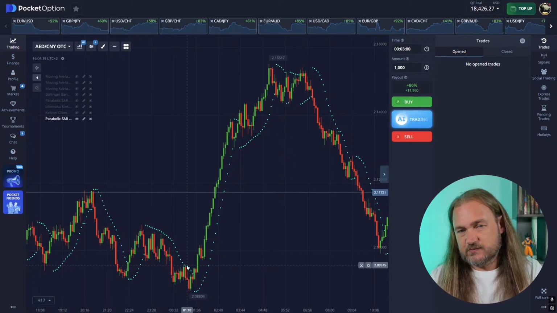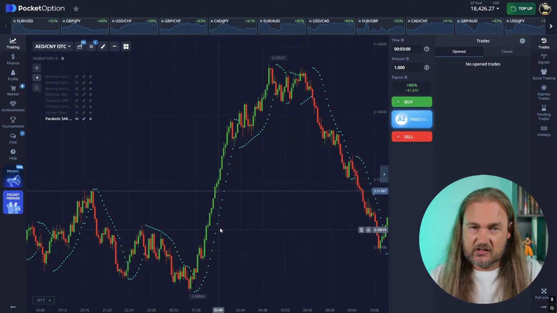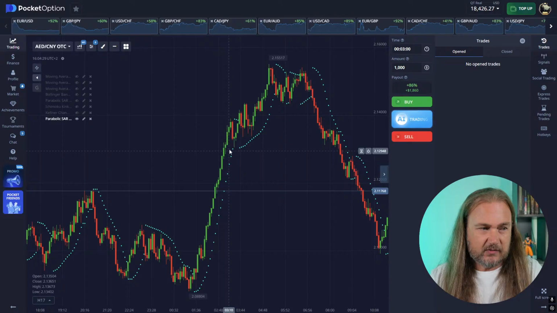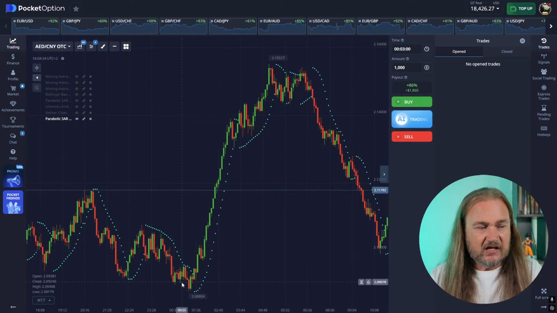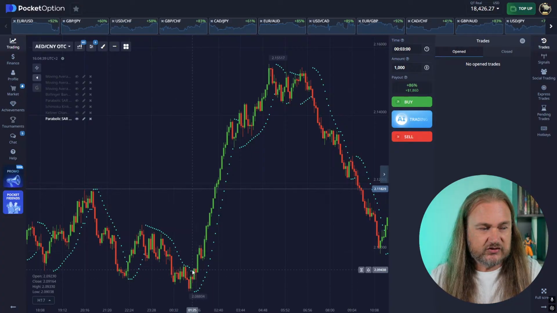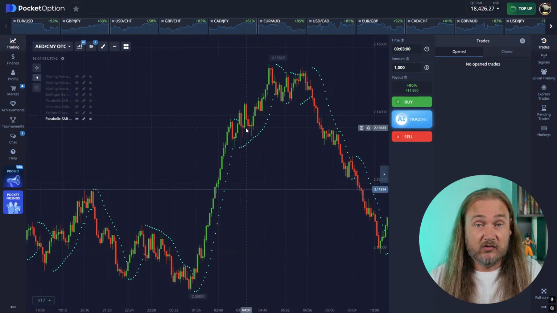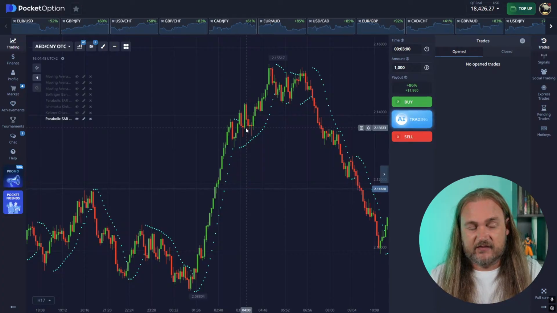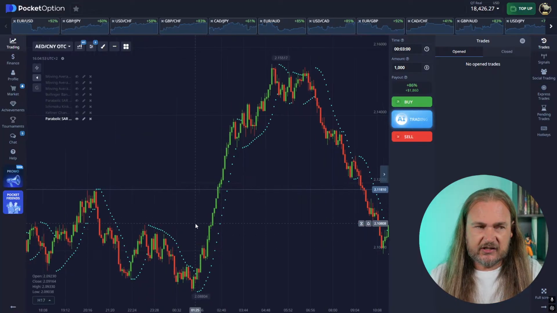The more price moves in a direction, you will see that these dots first of all go closer to the current price, and the gaps in them will become a little bit bigger every time the price continues its way. When price finally moves through the parabolic, it will change direction. So when price is moving upwards, the parabolic dots will be below the candles, and when price is in a downwards trend, the dots will be above the candles. So this will usually indicate the change in direction.